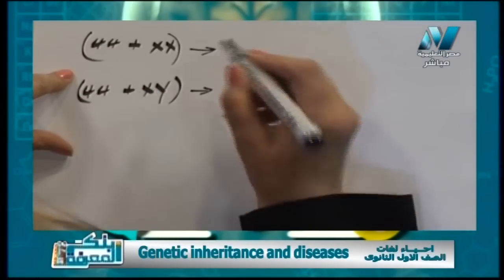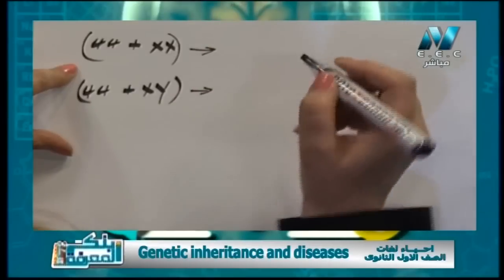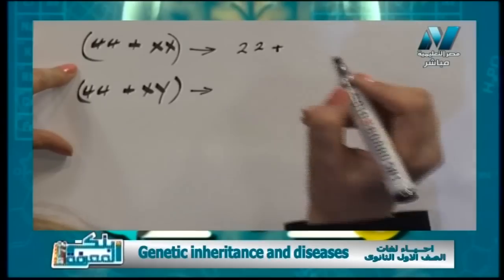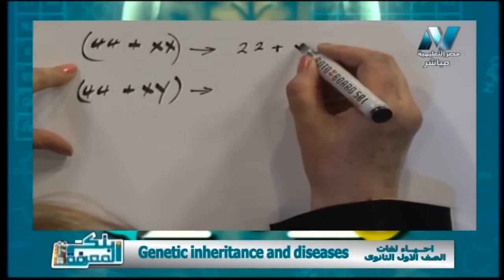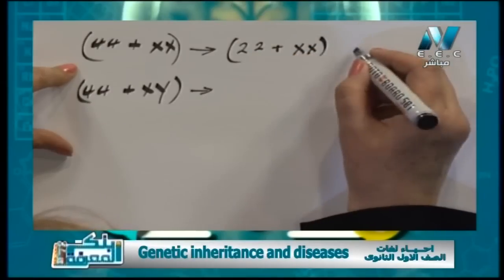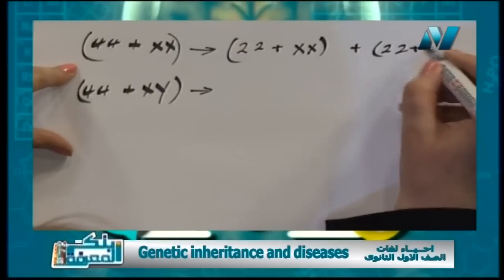As we said, in some cases, the sex chromosomes adhere to each other. So the gametes will be 22 plus XX in one gamete, and the other gamete will be 22 plus nothing, 0.